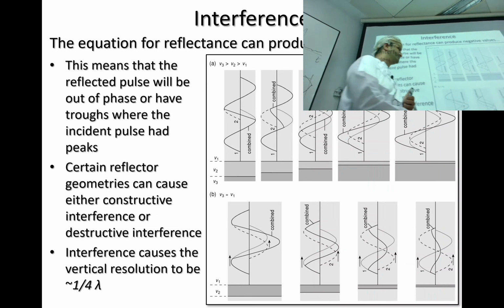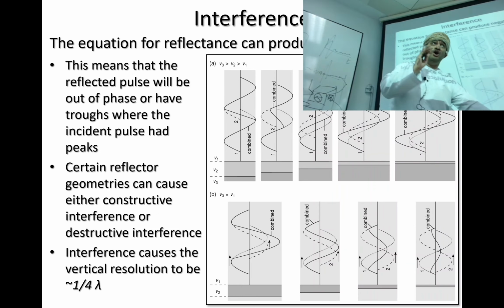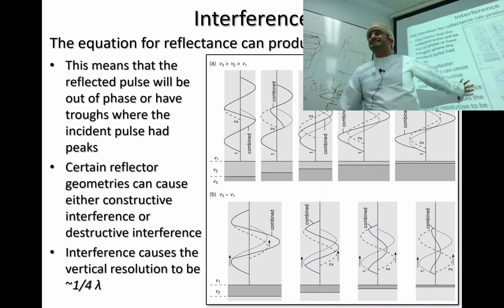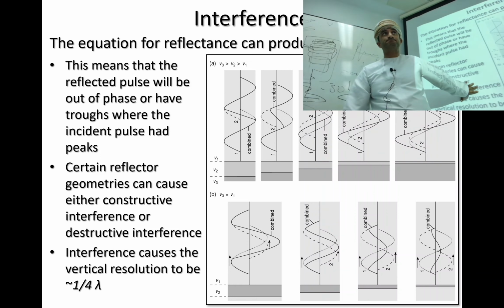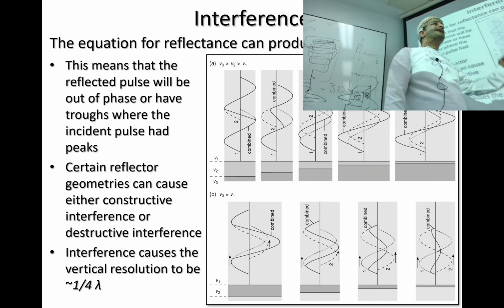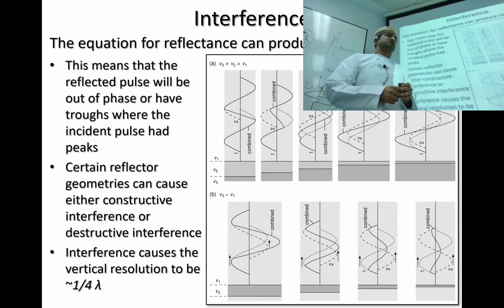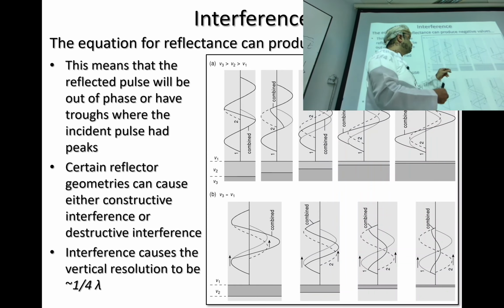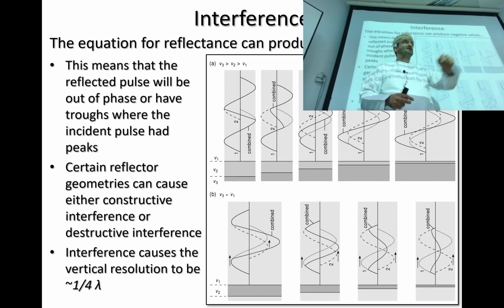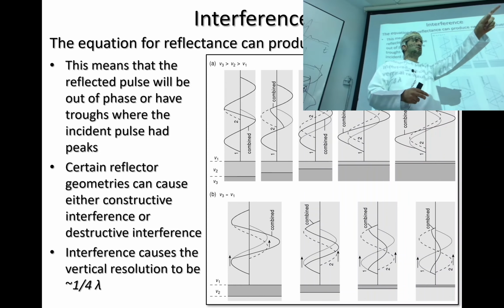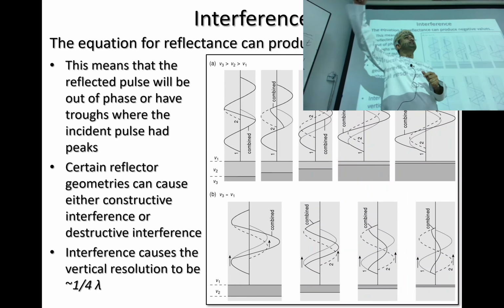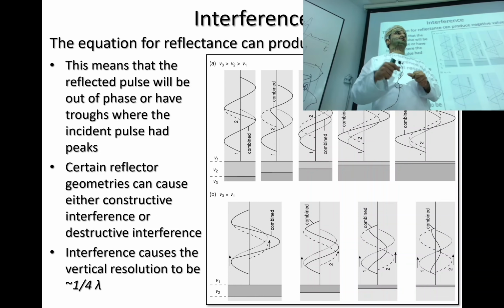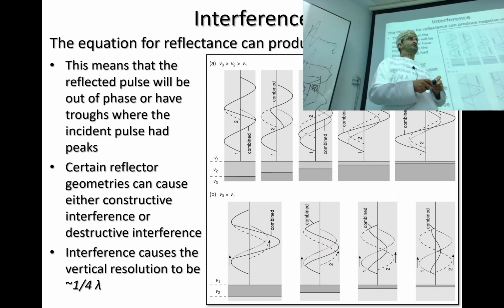So it's not an easy topic. However, the overall takeaway from this slide is the final, what is the minimum separation? I said I can increase the resolution if I decrease the wavelength, increase the frequency, make a better frequency source.